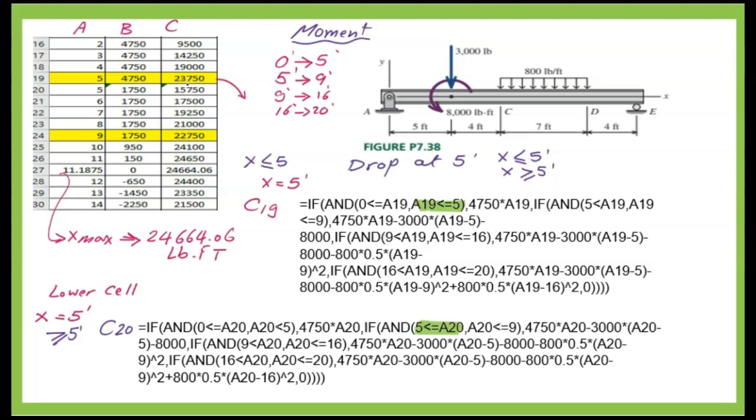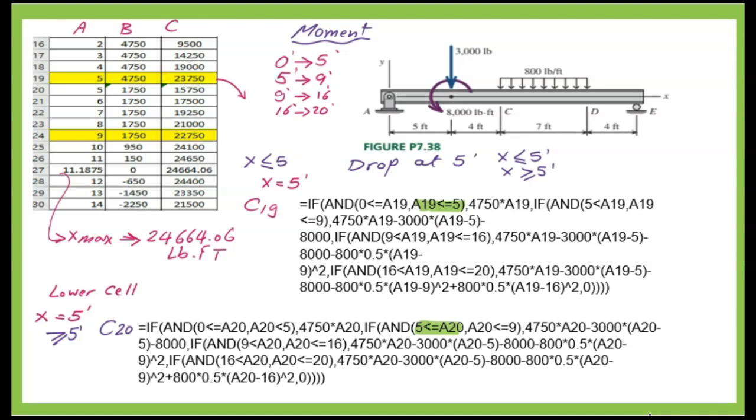If we check the IF AND expression, A19 expresses the x value. IF AND A19 is bigger than or equal to 0, comma, A19 less than or equal to 5, we put the equal sign here. What is the moment value? The moment value is the reaction multiplied by the distance. The reaction is 4,750 by A19.